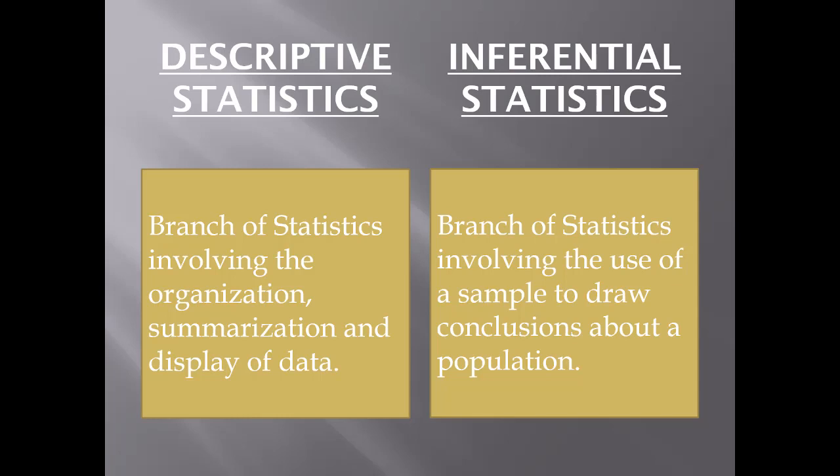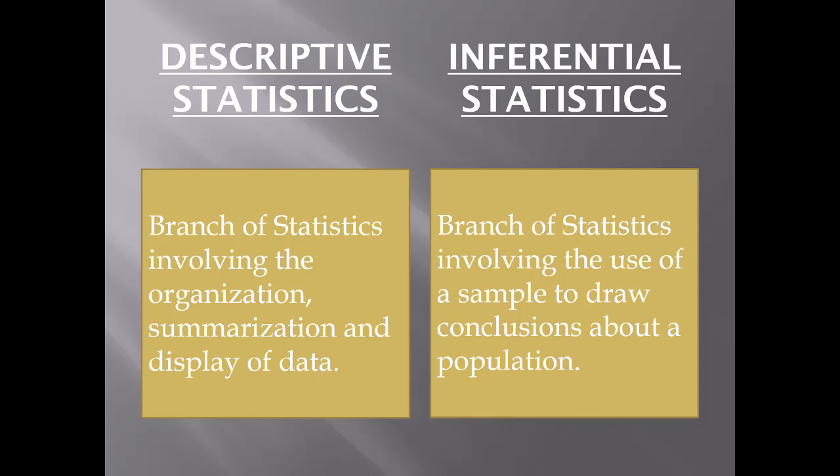So the basic difference between these two branches of statistics is that the descriptive side of statistics is very mathematical and very analytical. It's all the number crunching that we do to obtain our data. Inferential statistics is a little bit fuzzier. It's less objective and more subjective.